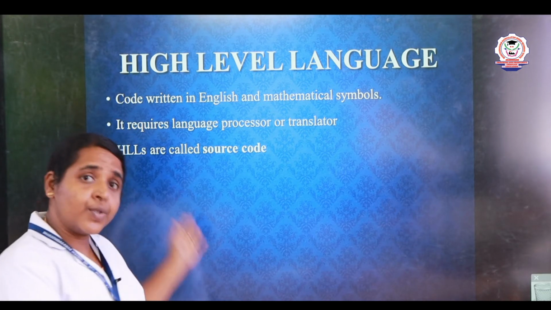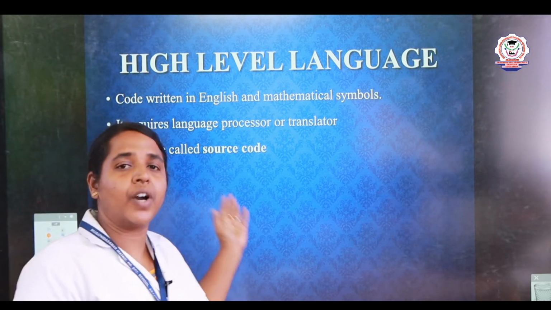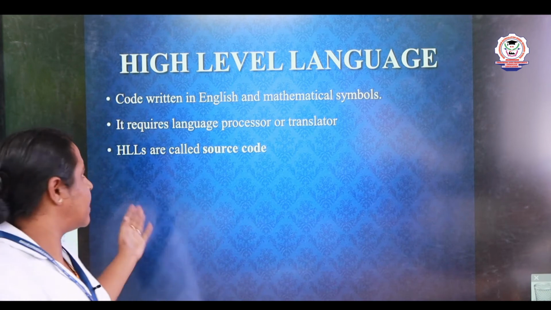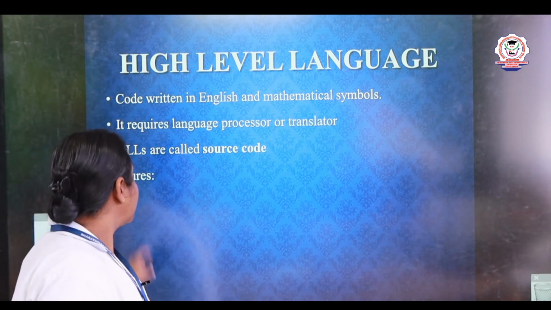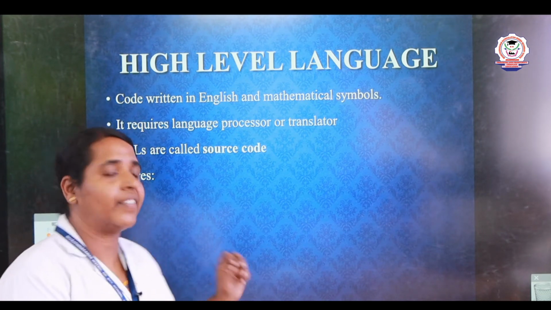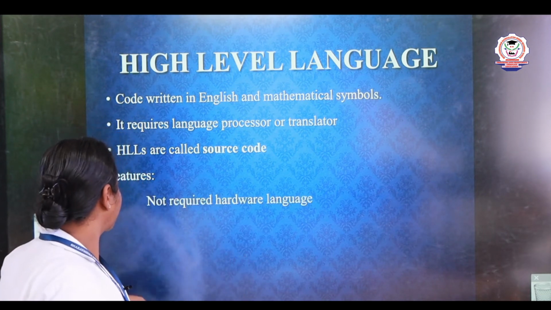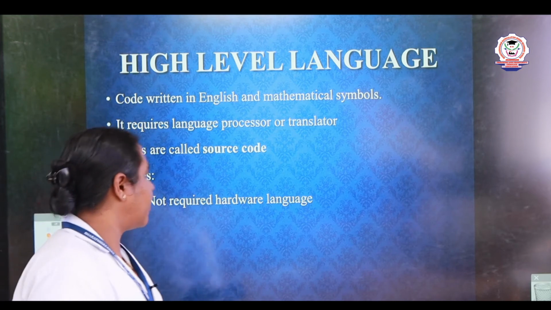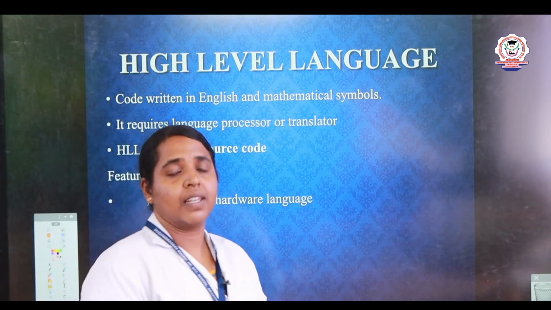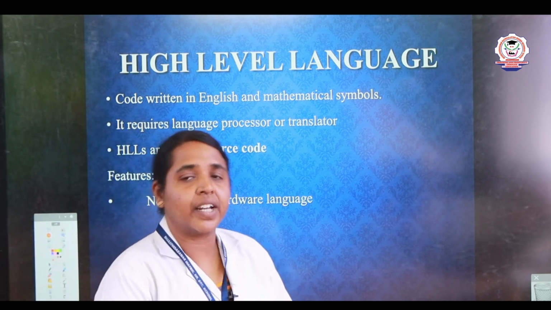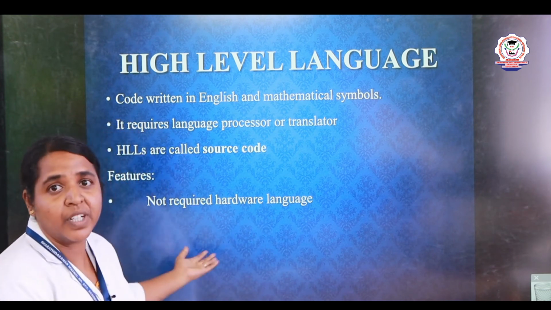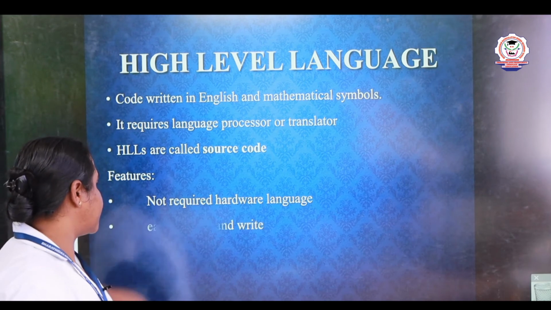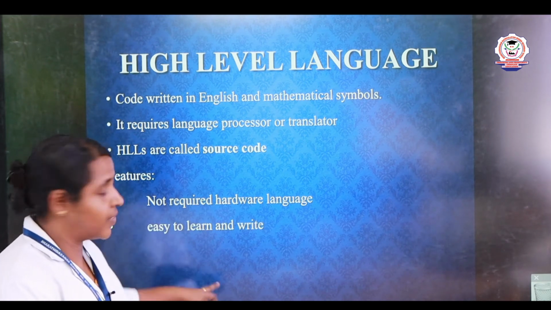If we use a high level language for writing the program, it is called source code. What are the features of high level language? Hardware knowledge is not required, so it's easy to read and easy to understand. It is easy to learn and write.